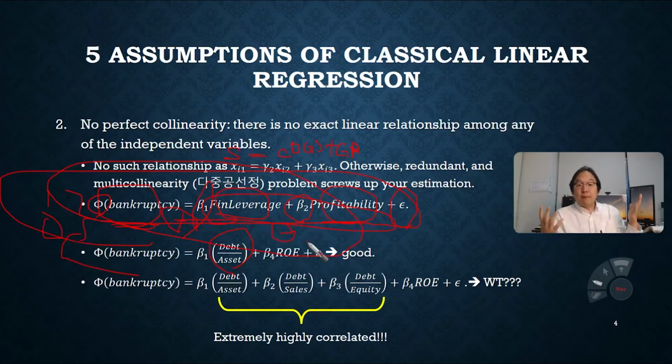For example, debt over asset is a good proxy for your financial leverage, financial distress. Should it be the only one that you have to religiously hold on to? The answer is no. As long as it captures that debt over asset kind of idea, indebtedness, you're fine as long as you have just one.